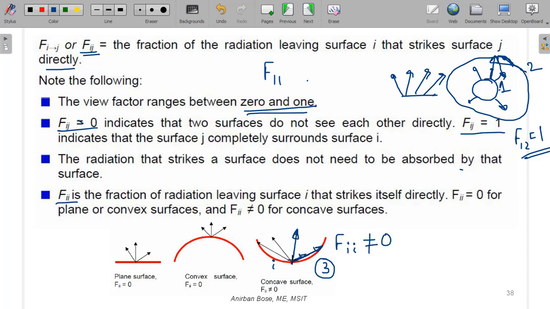Remember, F_ii is non-zero for a concave surface. But if it is a plane surface, whatever is coming out from surface 1 is not going to strike 1, so F_ii is 0. In the case of a convex surface, F_ii is also definitely 0, as whatever is coming out does not strike it again. But in the case of a concave surface, you have to be cautious: F_ii is non-zero. That you have to remember.